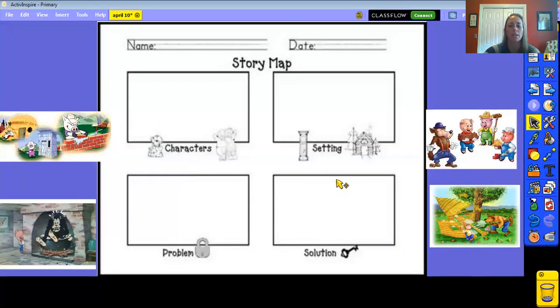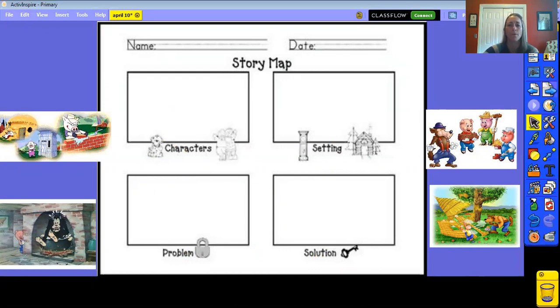So what do you think? Now, you're not going to be able to move the pictures, but you can look at them and decide which one of these pictures shows the characters, the setting, the problem, and the solution. And after you do this with my chart here, why don't you go and get a book of your own and see if you can figure out the story elements in your own story.